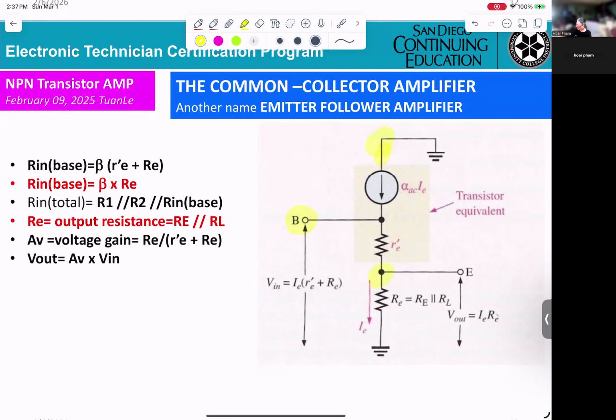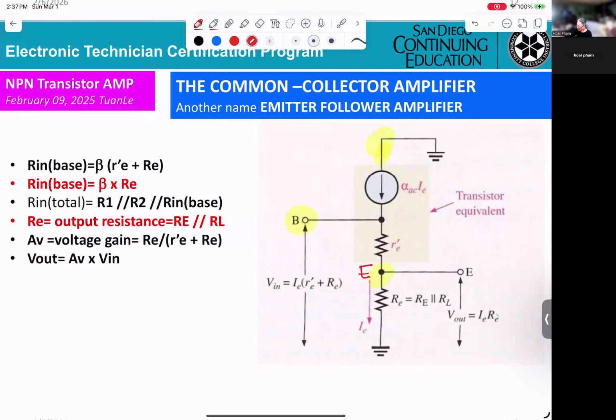So you can see this is the emitter here. So the output connects to the emitter. So that's why they get another name, emitter follower. That means the output and the signal at the emitter are the same. That's why.